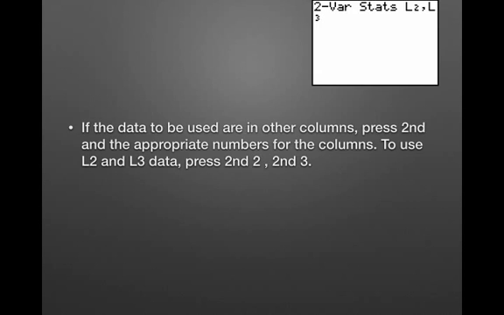Now, here's some data. X bar would be the mean from list 1. It gives you our sample standard deviation, which is 7.00, and then our population standard deviation, 6.39.